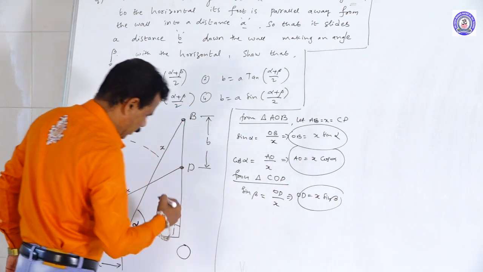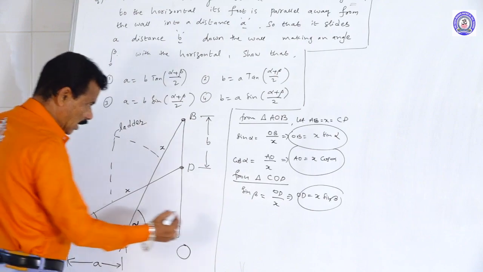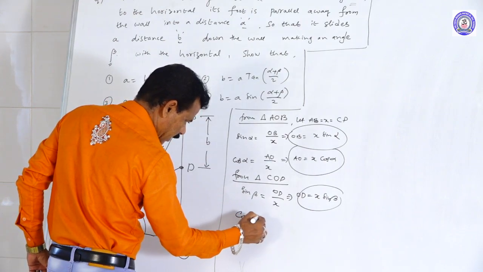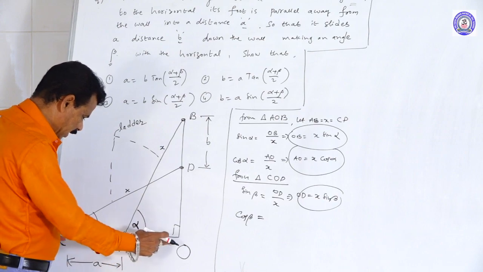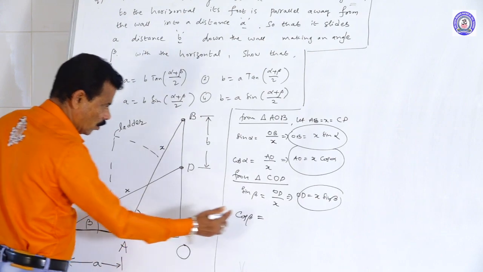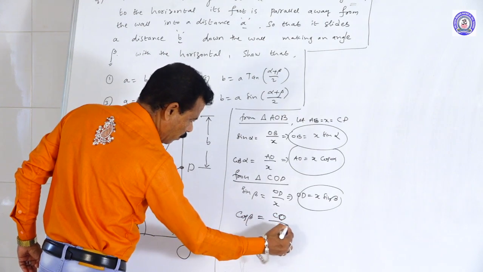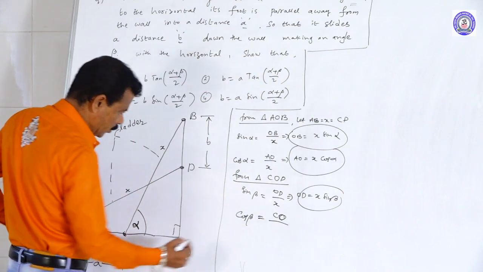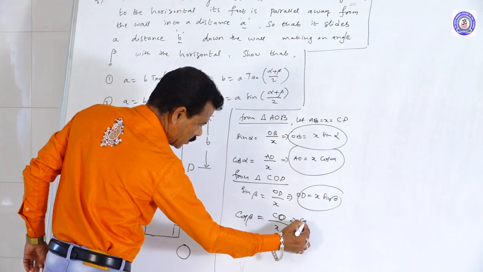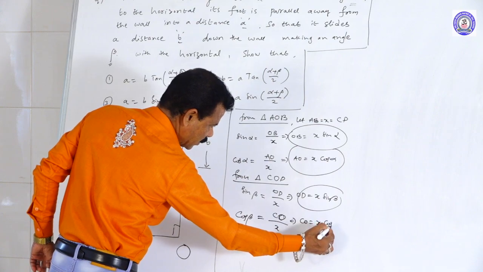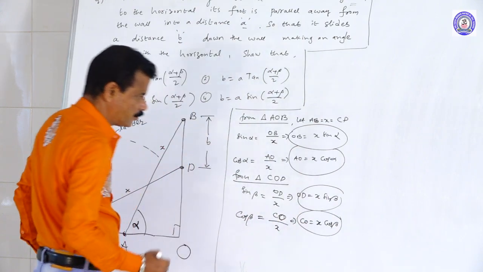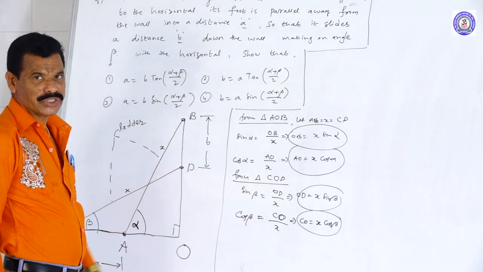This is another relation. Similarly, cos beta is equal to adjacent CO by hypotenuse X, so CO is equal to X cos beta. So these are the relations.